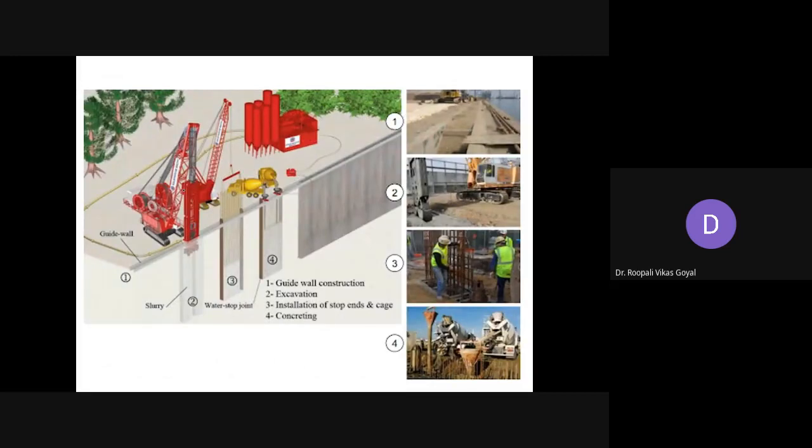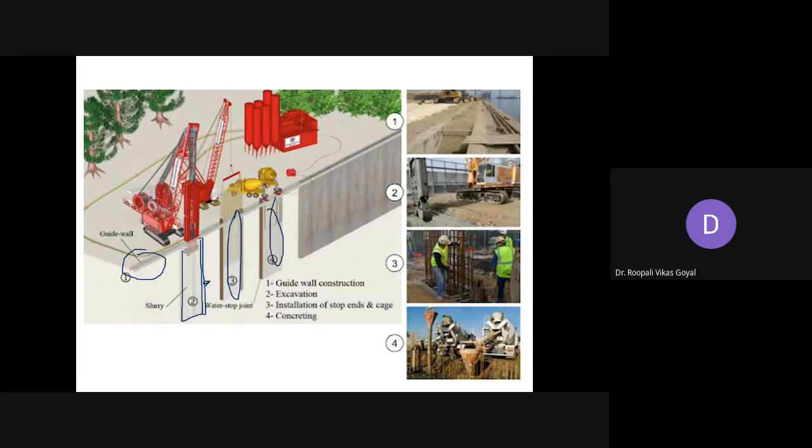So here in this figure, all the 4 major construction steps are shown. Okay, first is guide wall construction. Second is the excavation and the slurry that is to be inserted. Then the water stop joint at the end, just to avoid water going towards the secondary panel where we have to install. So these are all primary panels.